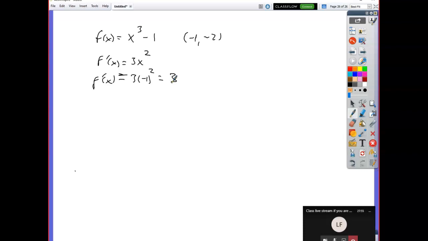The power rule says I can take the derivative by throwing the power of the x out in front, reducing its power by 1. So I threw its power out front and reduced the power by 1.